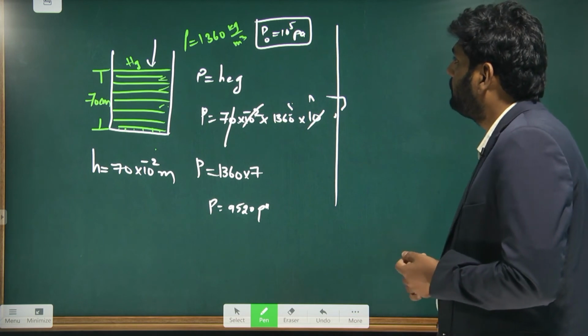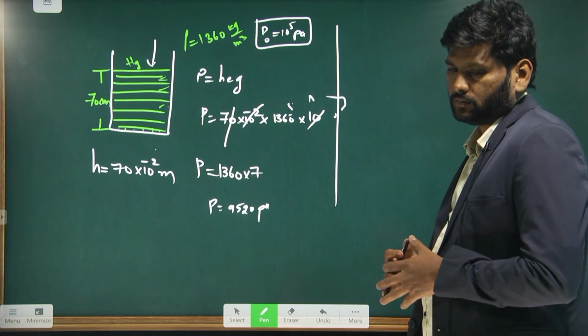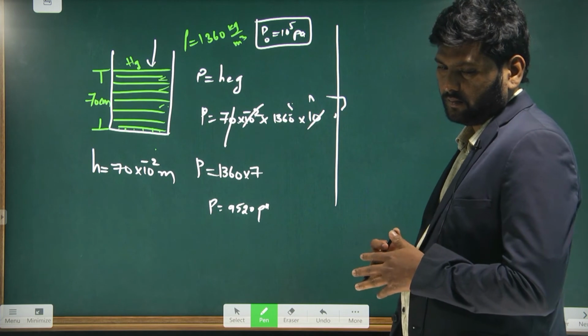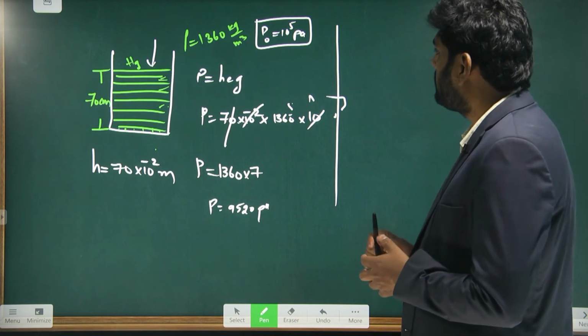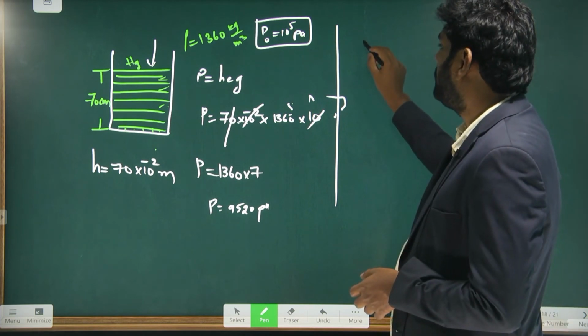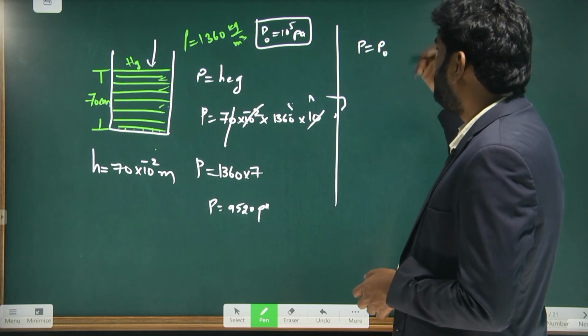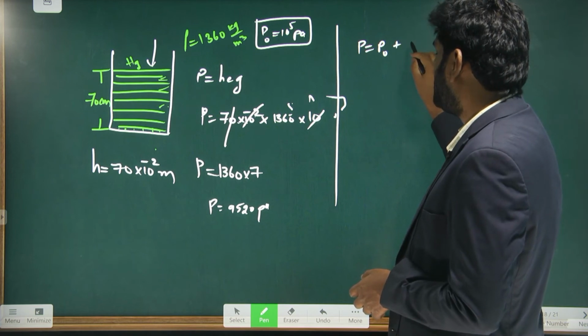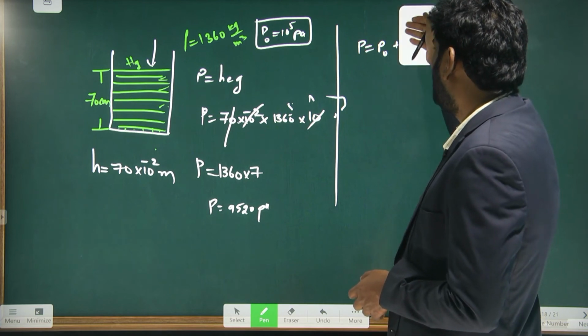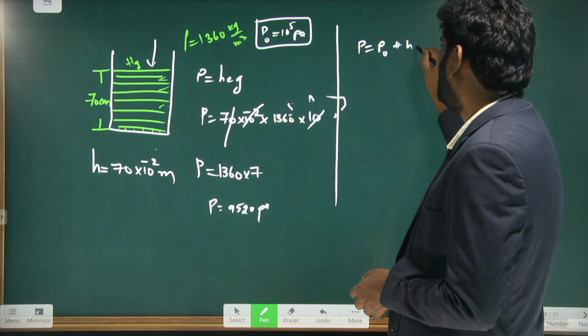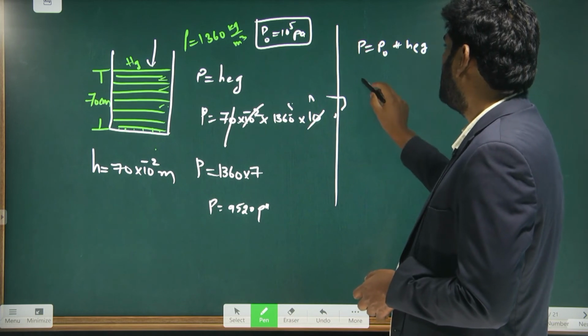So tell me, the answer will be 1,09,000. Yes, you can add. Total pressure is equal to pressure exerted by the atmosphere plus pressure exerted by the liquid, H rho g. Understand?